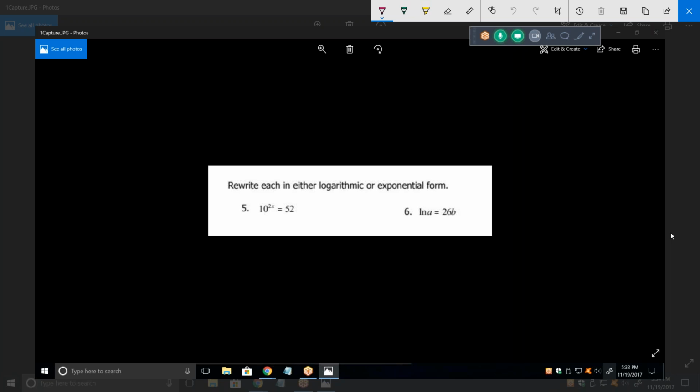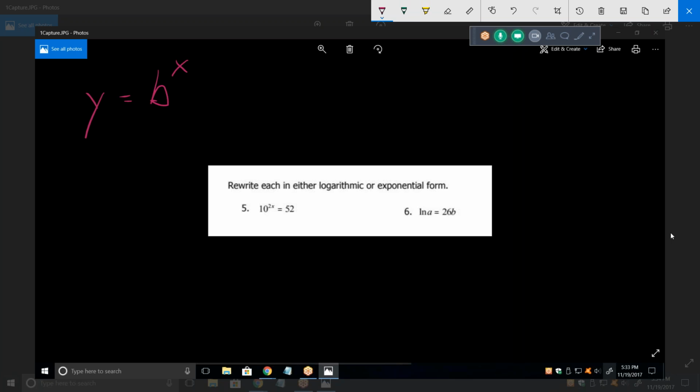There's two actual ways to teach you how to do this. To me, one can't really learn logs without starting here. Here's an exponential equation, okay?